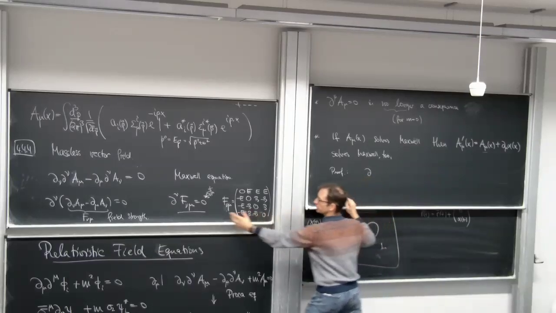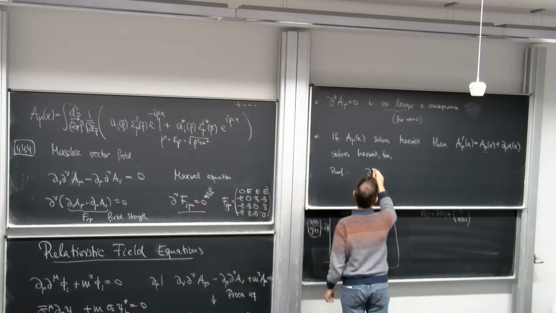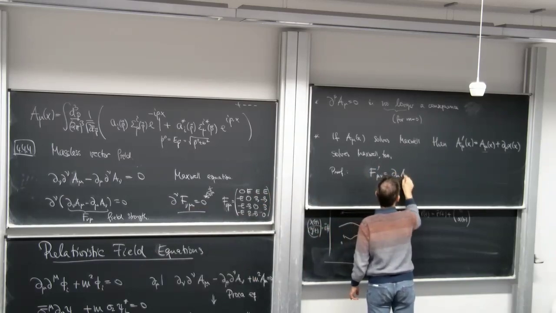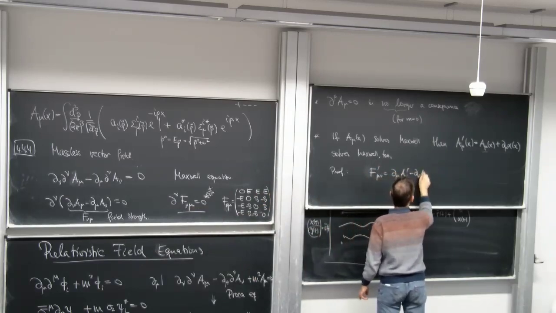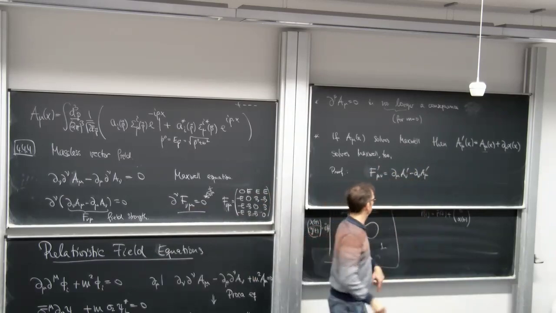What I need to show that this works, right? Or even better, what is f? F prime mu nu is d mu A nu minus d nu A mu. So that's the definition of the field strength for the primed one.